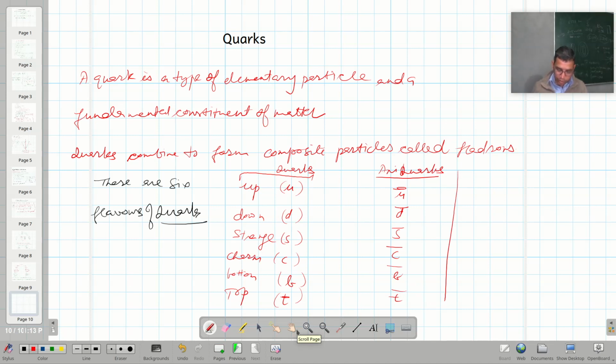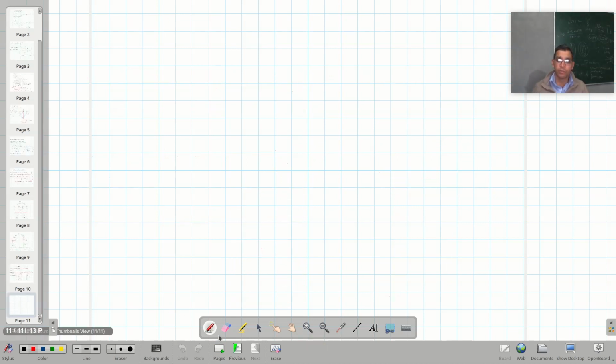So let us talk about quarks now in terms of the quantum numbers. Let me first talk about the first generation, which has the up quark and the down quark.